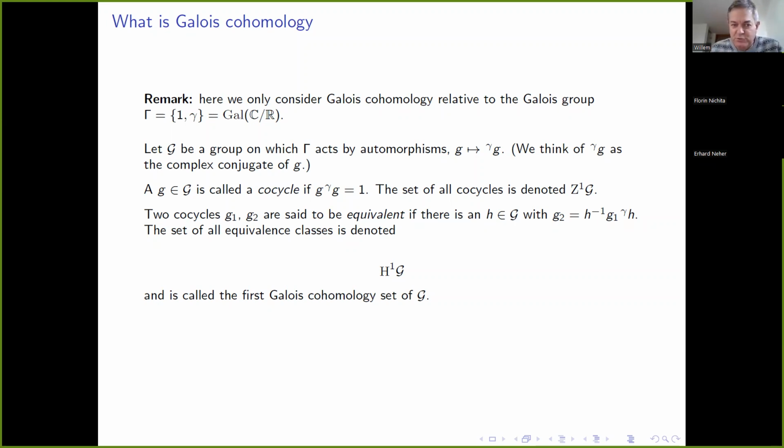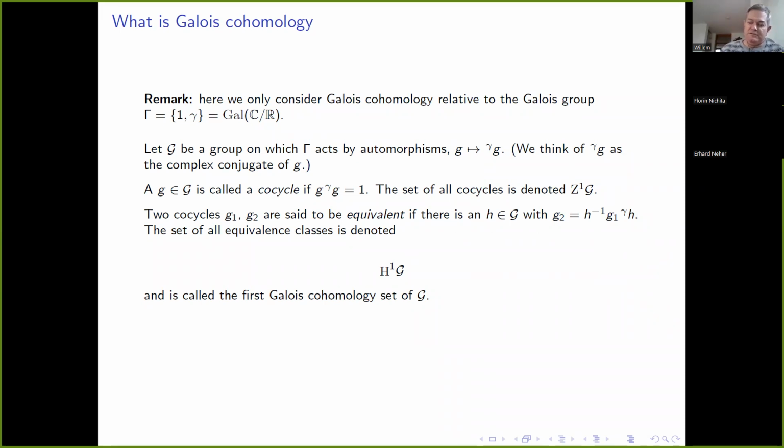Two cocycles g1 and g2 are equivalent not if one is conjugated to the other, but if one is conjugated to the other when we put a gamma on the second factor. So g2 is h^{-1} times g1 times the conjugate of h. So it's almost conjugation, but not quite. And the set of all equivalence classes is the first Galois cohomology set, which we denote H^1(G).